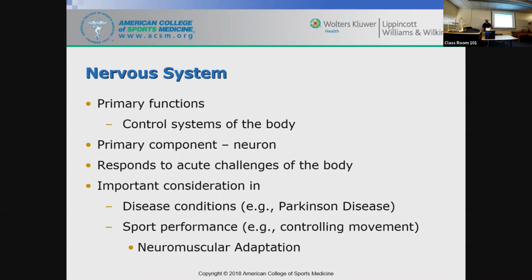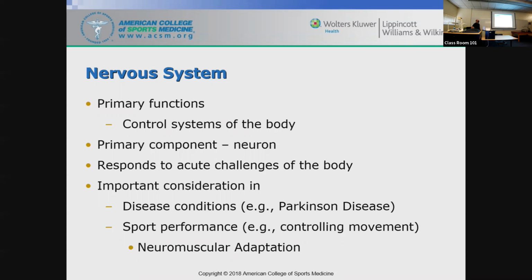So it becomes more synchronized, better adept at telling those muscles to fire at a certain point in time, and all of that together creates a more efficient movement, a more efficient muscle contraction, thus increasing the amount of weight that can be moved, so strength. Even though there's very little muscle mass actually being gained during this time period. Now, after this occurs, it's pretty much all muscle mass that's causing the increase in strength.